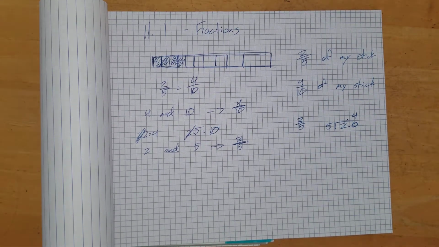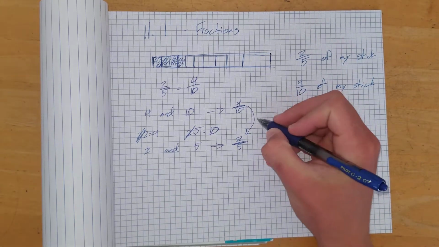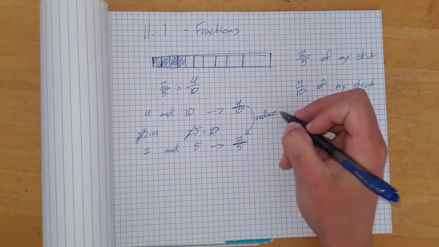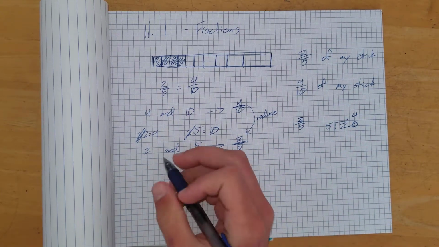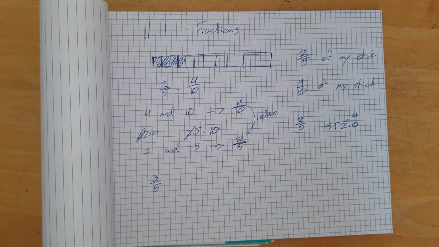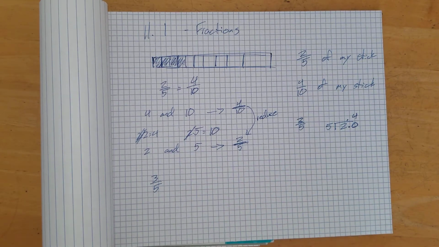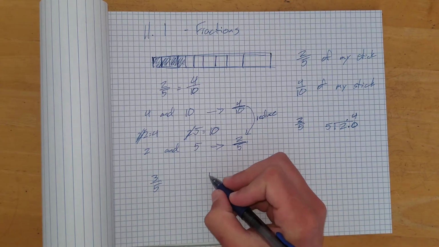Like I reduced from here to here, this is reducing, I can actually make this bigger. So let's say I have 3/5, and I have, let's do 1/2.